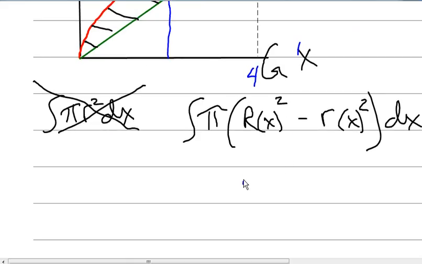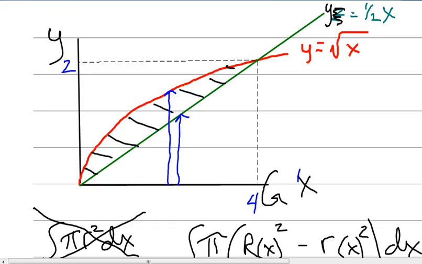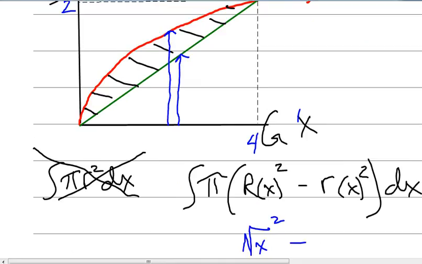So we're going to get here square root of x squared. Okay, minus. Now we start from the center and go up until we hit the inside of the vessel, the volume we're creating, and that is this function, 1/2 x squared.